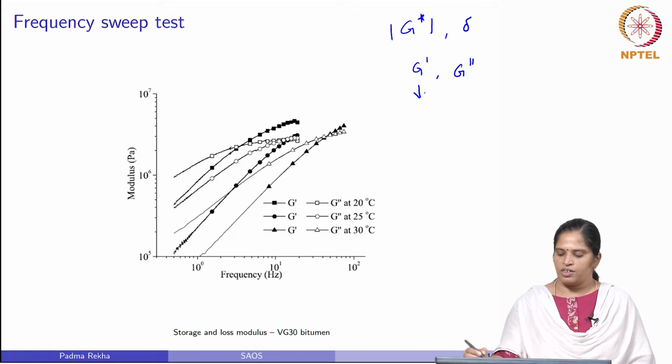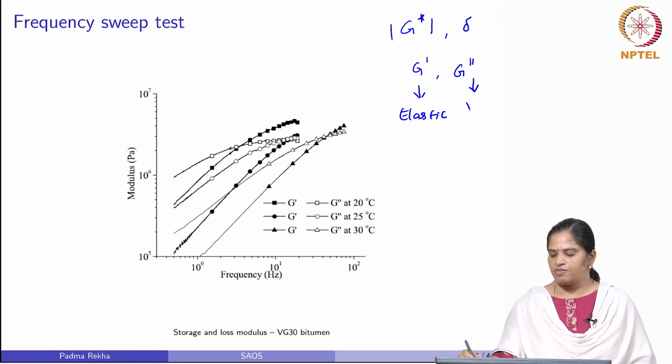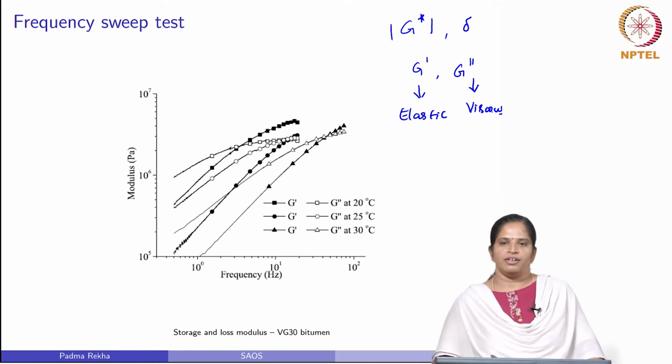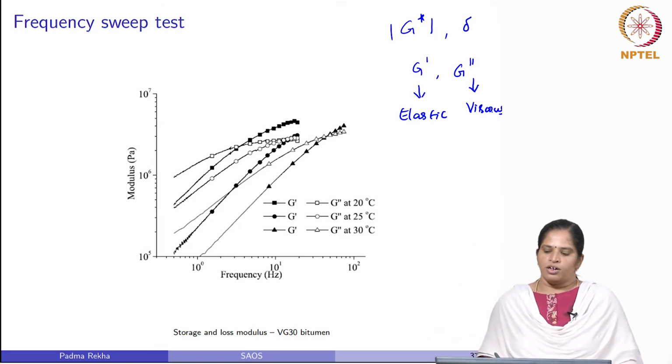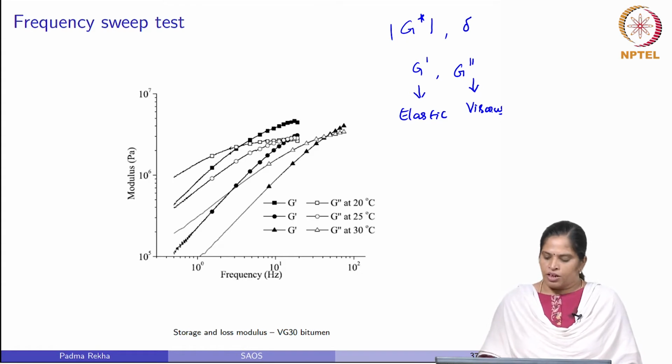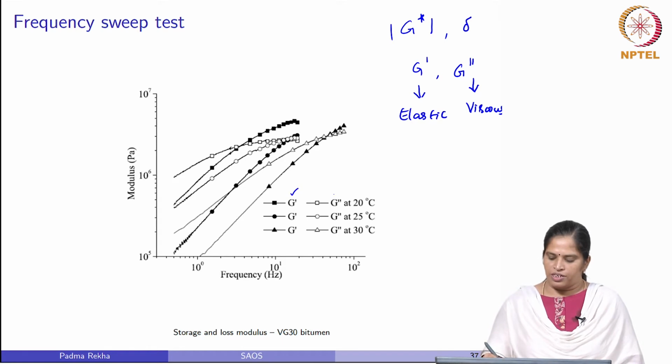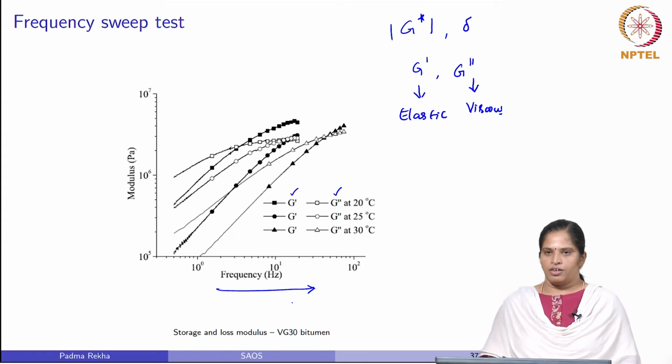The storage modulus represents the elastic response and the loss modulus represents the viscous response. So, we need two material functions to define the viscoelastic characteristics of a material. Let us see how the storage modulus and the loss modulus vary with frequency.